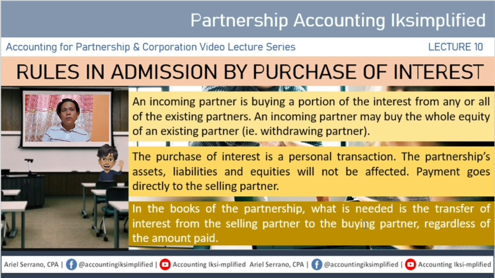So, kung yung porsyento na binili ng incoming partner sa isa or higit pa sa isa ng mga partners o sa lahat ng mga partners, yun yung i-record doon sa libro at wala nang pakialam si partnership kung magkano yung actual na binayaran. Kung mas malaki man ito or mas mababa doon sa halaga ng equity na binili.